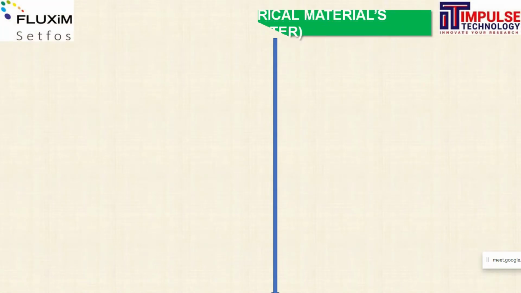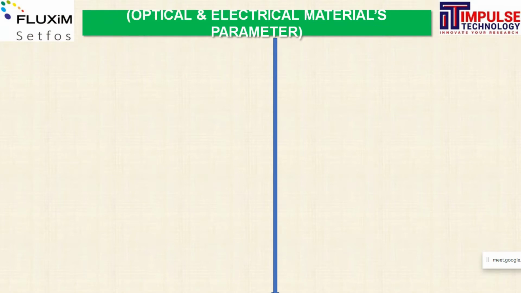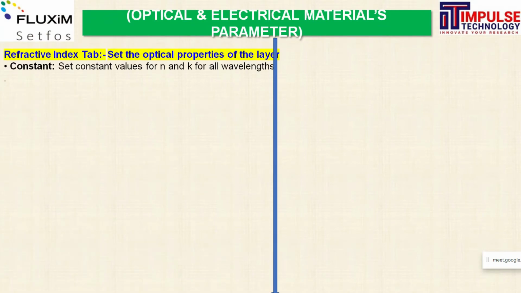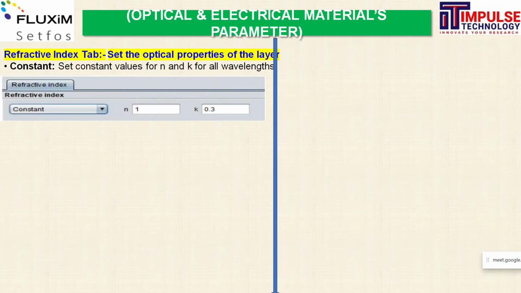Now, whenever you design any device, solar cell or LED, you are required to set the optical and electrical parameters. Optical parameters in the sense of the refractive index of the layers, where you can set the constant real and imaginary part of the refractive index.